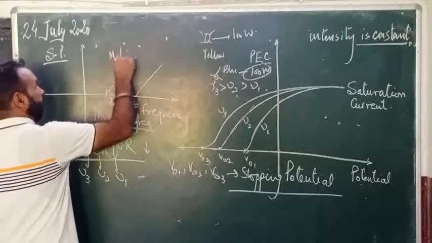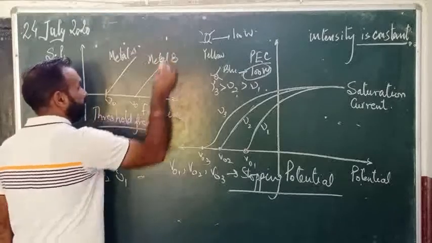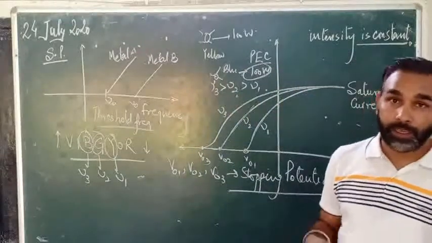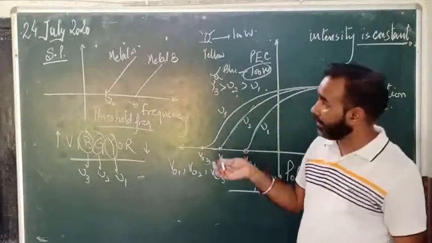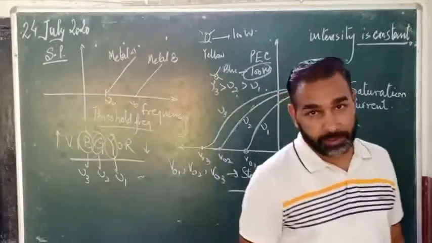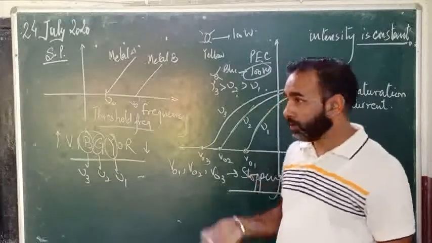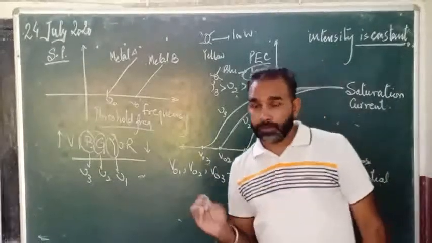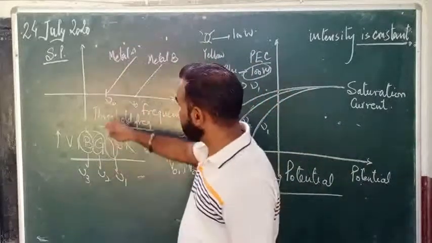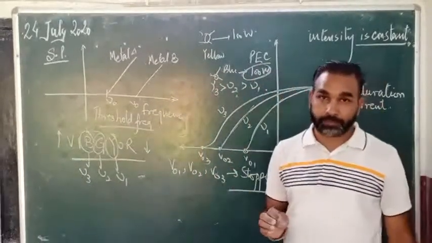If this is metal A and this is metal B, the threshold frequency is different for different metals. Clear? So these are three basic observations from the Lenard experiment which they did, and this is the relation between stopping potential and frequency that varies linearly.